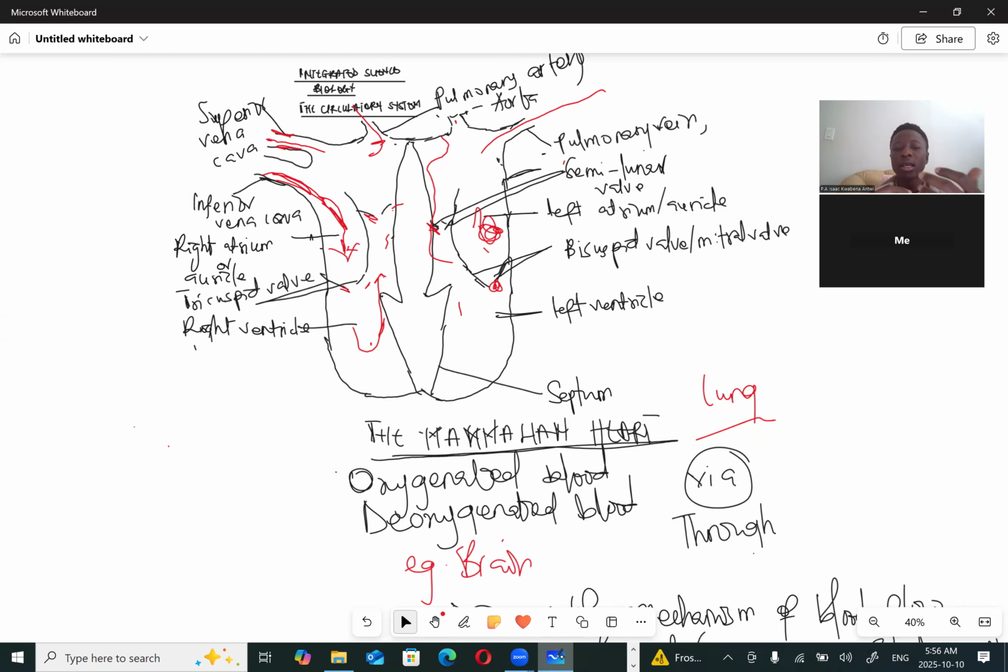It's a process. The blood comes from where to the right atrium? The blood comes from both the lower part of the body and the upper part of the body.